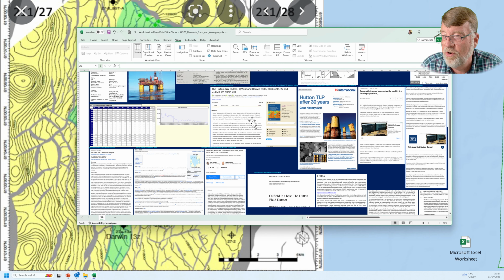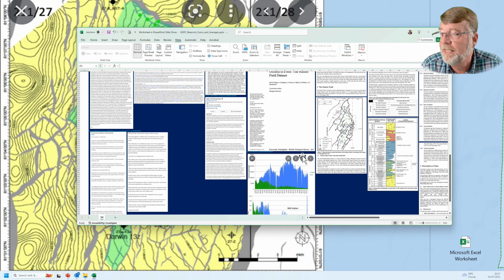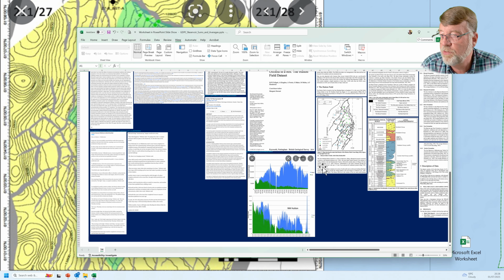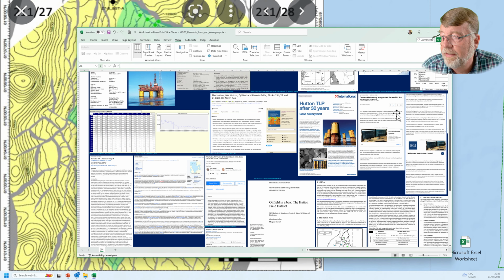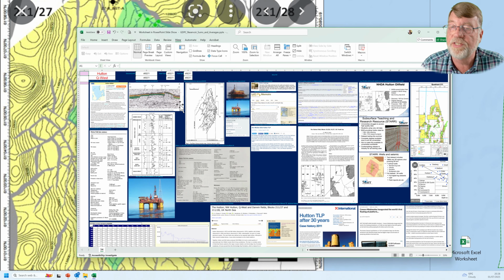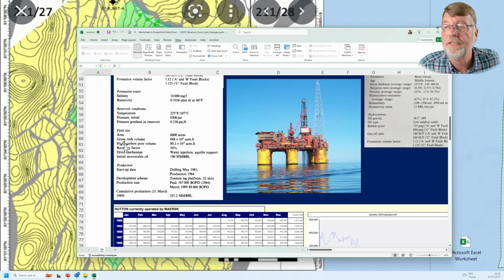Basically, what Trove does is it captures all the information from the public domain that Mike can get his hands on, and his team put this stuff together. It's got some useful reservoir properties and descriptions about some of the issues about various oil fields in the North Sea. He lent me this Hutton one, and I think one of the data sets here is porosity.